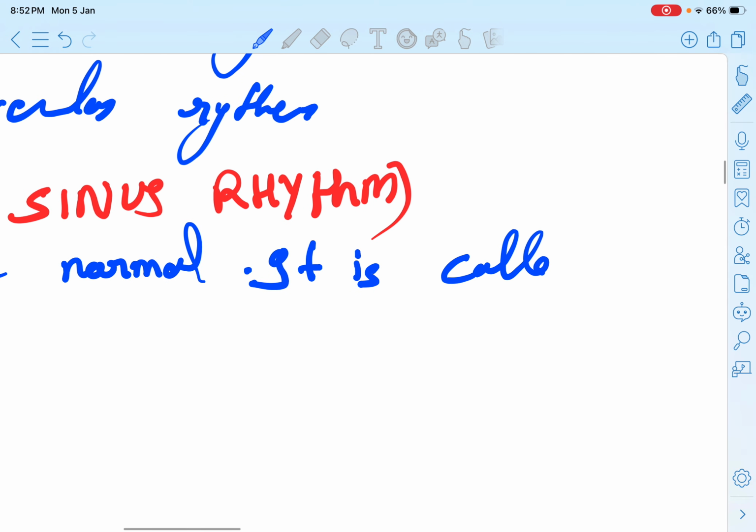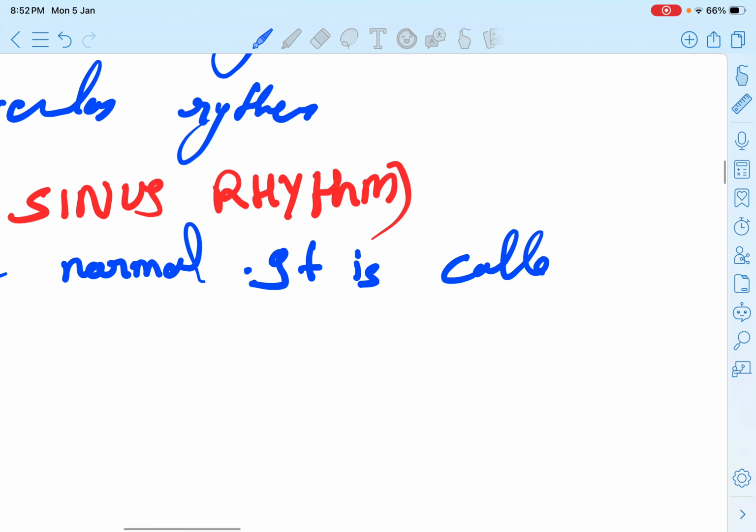What is ventricular tachycardia? It is a fast rhythm with a wide QRS. In ventricular fibrillation, there is no clear waveform and the patient is in cardiac arrest.